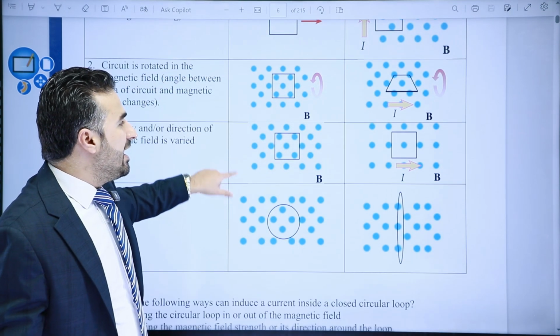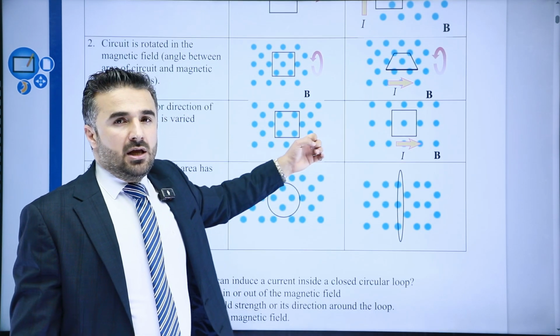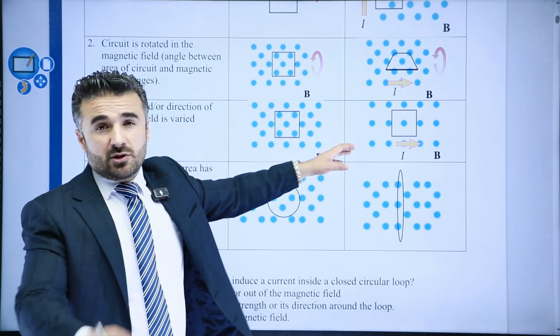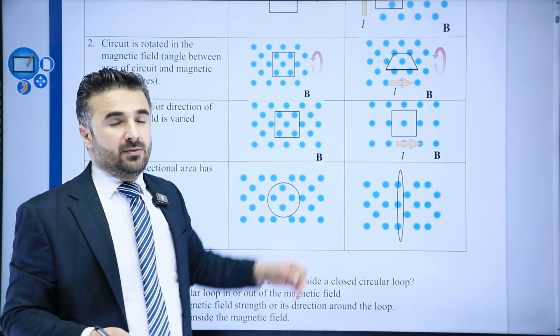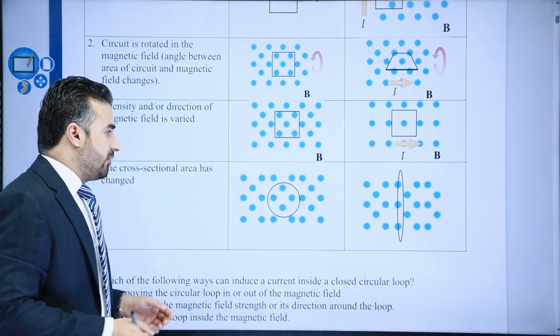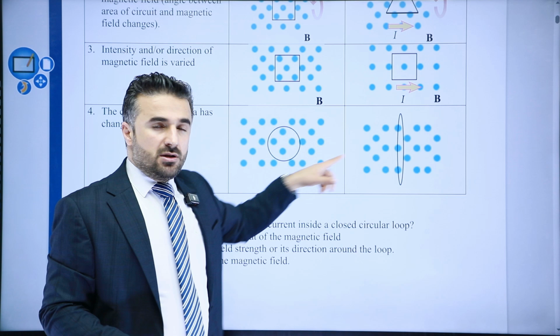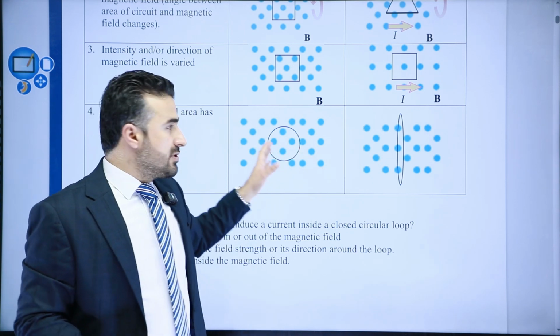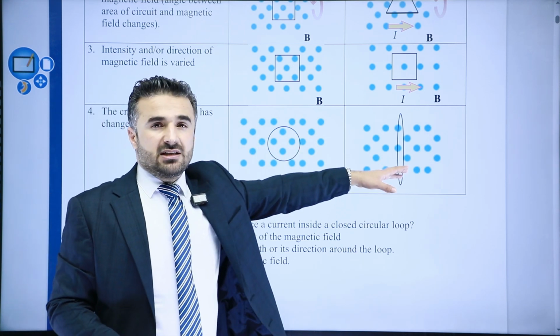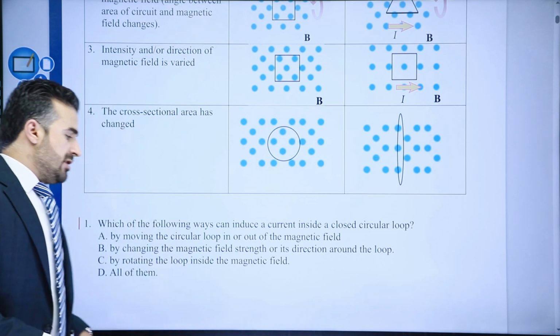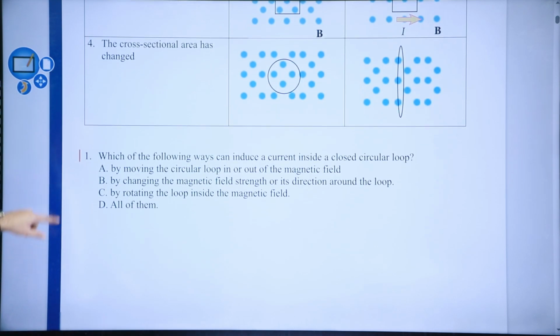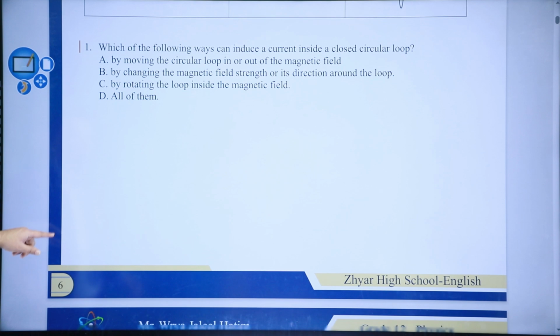Third, by increasing or decreasing, or even reversing the direction of the magnetic field lines, that will also induce electromotive force. And the fourth one was by changing the cross-sectional area of the coil. That will also change the number of magnetic field lines cutting through the coil, and of course changes the magnitude of the induced electromotive force.